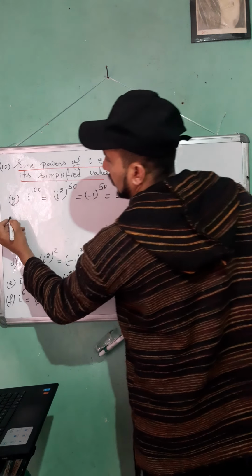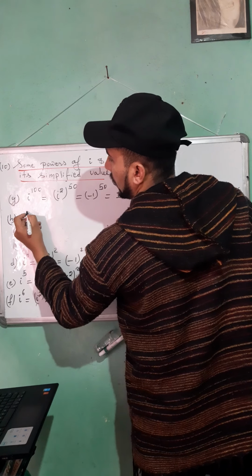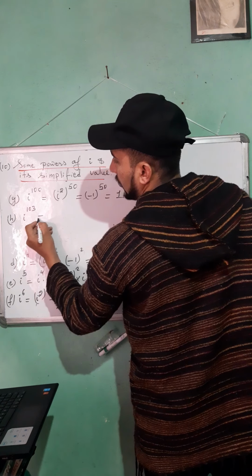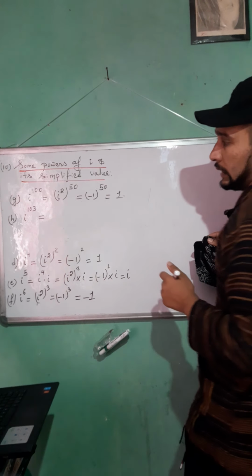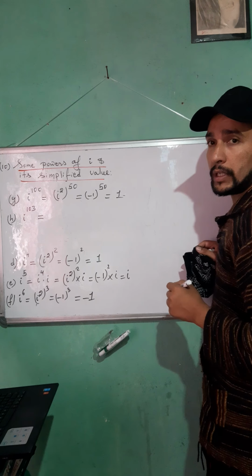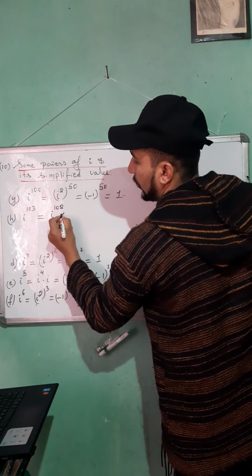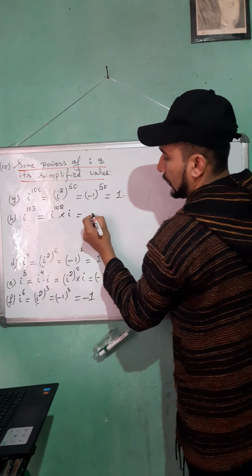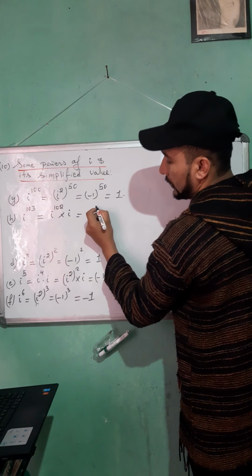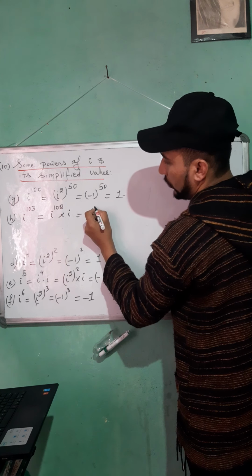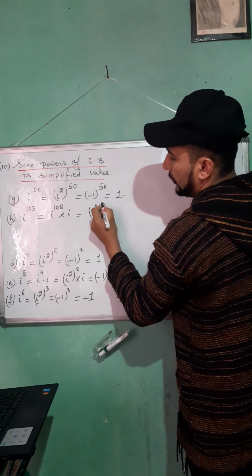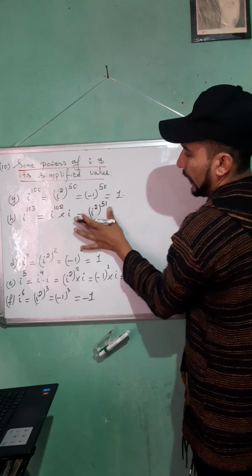Next is i to the power 103. If the power is odd, you have to make it a sum of even and odd. So i to the power 102 into i. 102 means 2 into 51, so i square to the power 51, into i is also there.